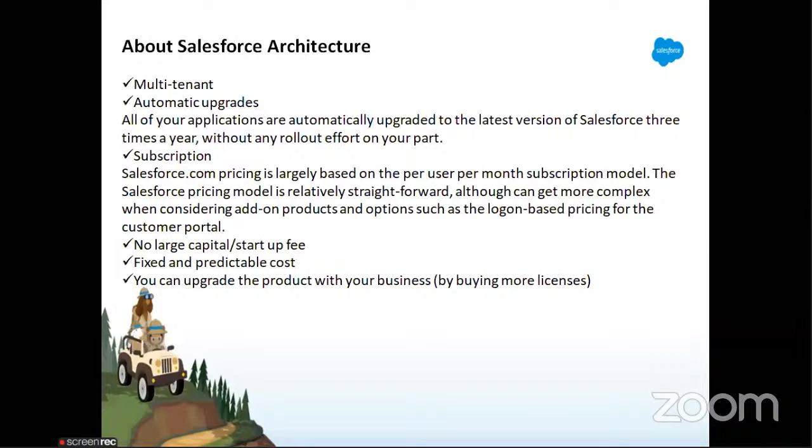But in the case of Salesforce, it automatically upgrades everything, right? All your applications are automatically upgraded to the latest version of Salesforce three times a year without any rollout, right? So there is no need to configure things manually. Salesforce automatically takes care of all the upgrades, right?